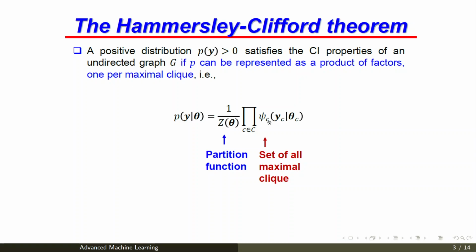So this is the set of all maximal cliques, the product of potentials of all the maximal cliques divided by the partition function, and that is the probability distribution P of y given theta. So that is the Hammersley-Clifford theorem.